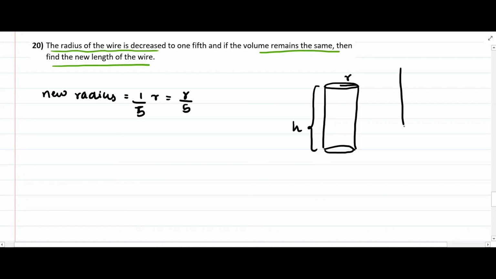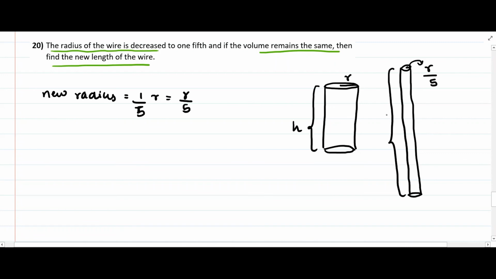So we'll draw the new diagram. So if it is reduced, what will be the figure look like? So the r will become very small and the length will become taller, longer. Do you know why? Because they have told the volume remains the same. So the height is increased.